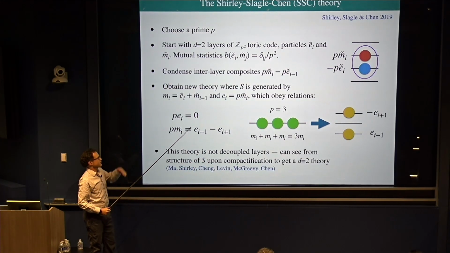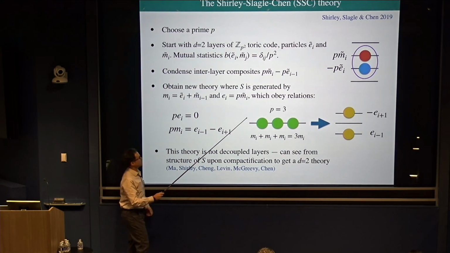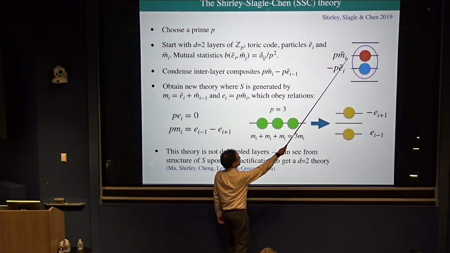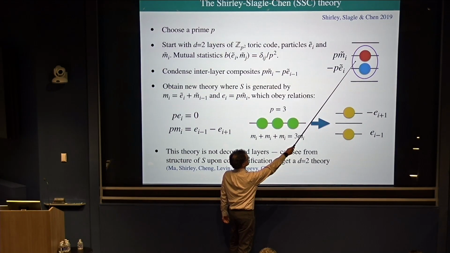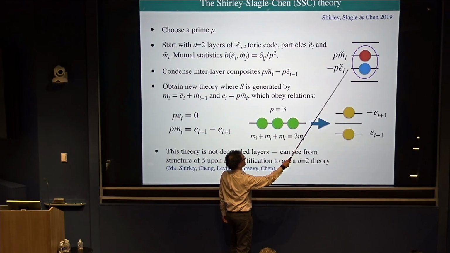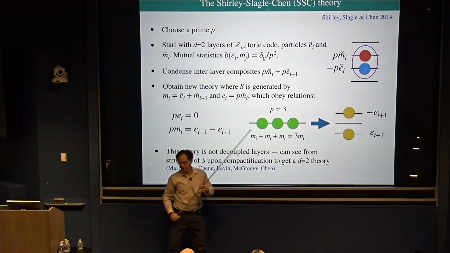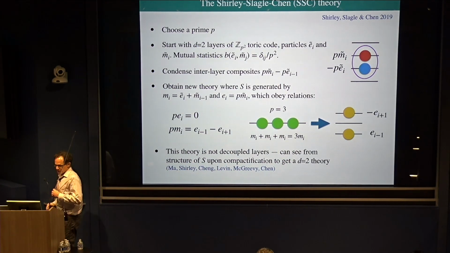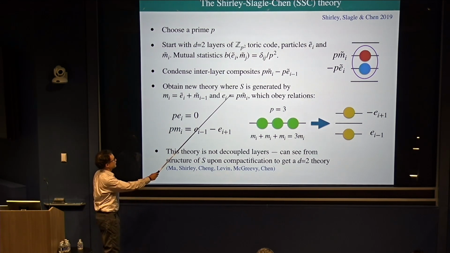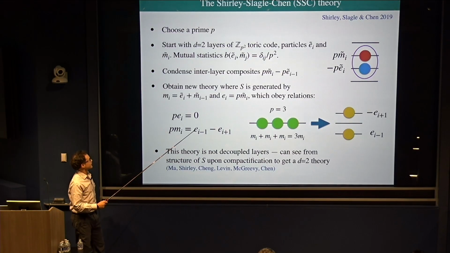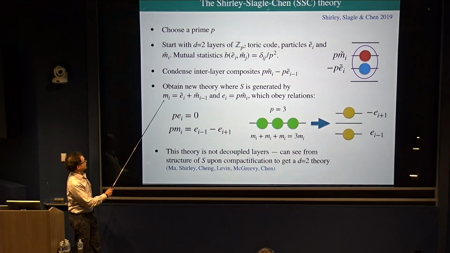And what we do from this decoupled layer state is that we'll condense interlayer composites like in this picture. So P copies of M_i tilde in this layer, this should be E_{i-1}, and P copies of minus E_{i-1} in the layer below. So this connects the two layers. And what they showed is that this gives a new theory where the fusion module S, the set of superselection sectors, is generated by some excitations that we'll now call M and E.